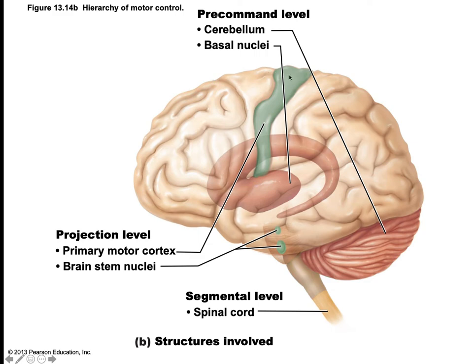The plan gets sent here. And then we have to remove the blockage of the plan executing by influencing part of the pre-command level, which is called the globus pallidus.